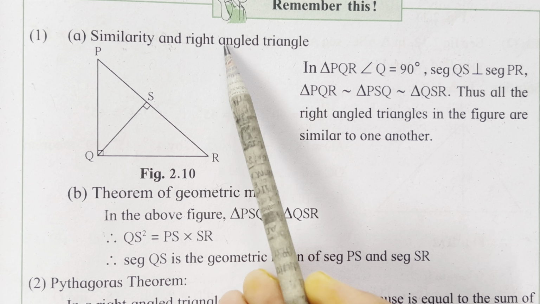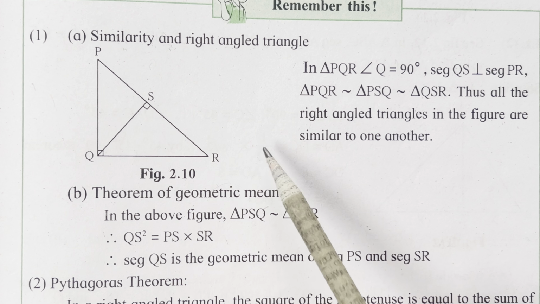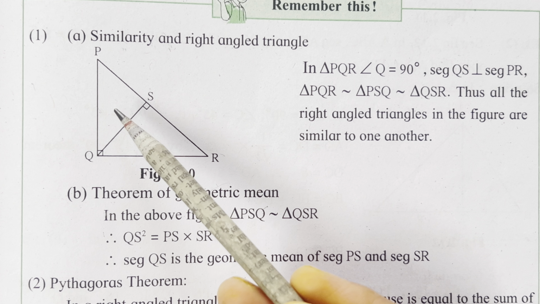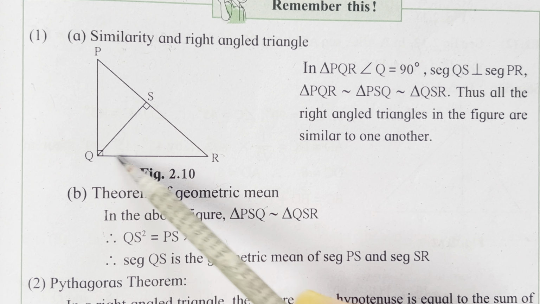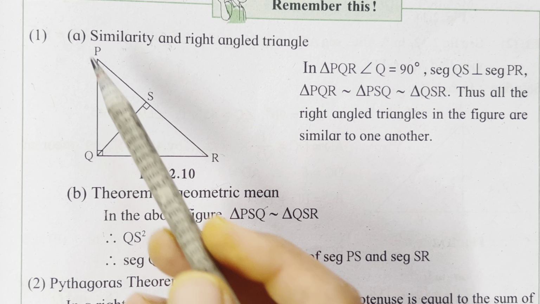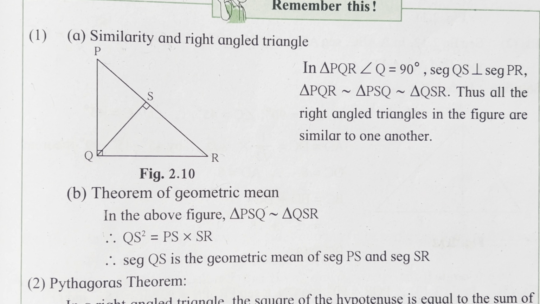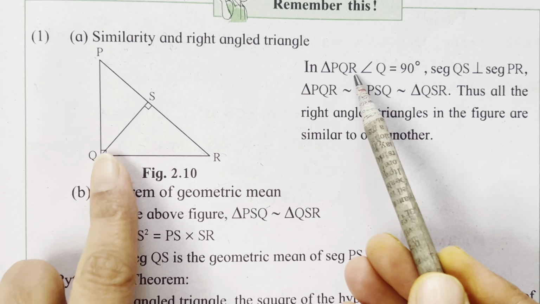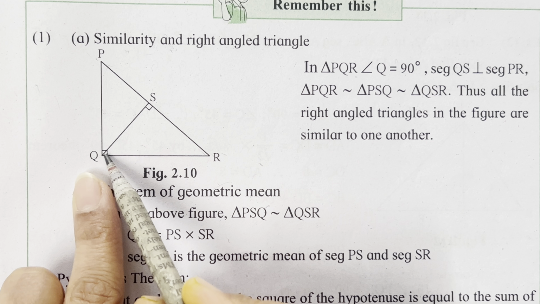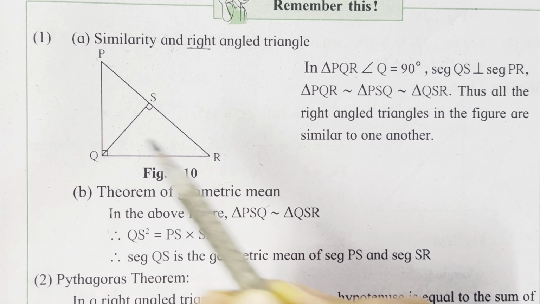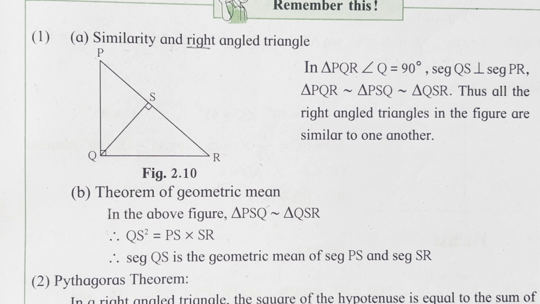Now, similarity in right angle triangle. Similarity in right angle triangle means one triangle will be given, in which you have to check for two triangles. Okay, so suppose triangle PQR is given where angle Q is 90 degrees. Similarity in right angle triangle means obviously it is going to have one angle which is 90 degrees.